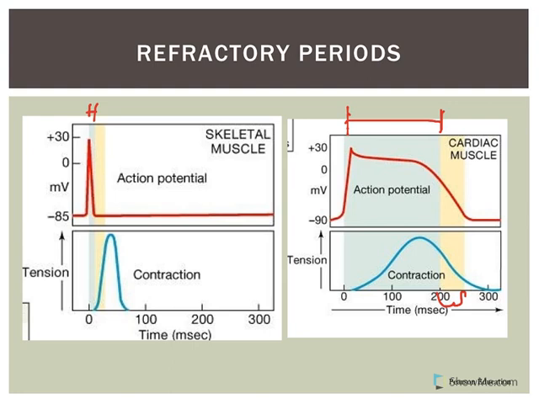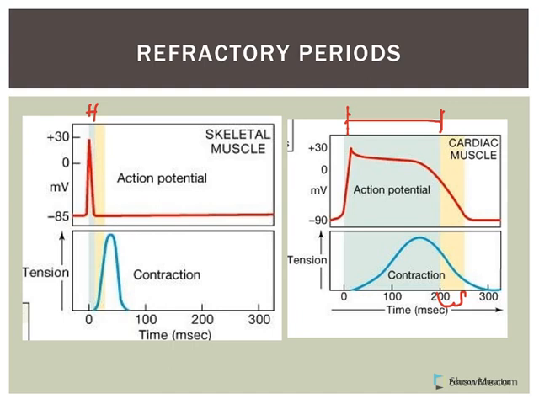Now, there actually is a difference in refractory periods within atrial muscle versus ventricular muscle. A little tidbit of information is that because atrial muscle has a shorter refractory period than ventricular muscle, it has the ability to contract at a faster rate than ventricular muscle.